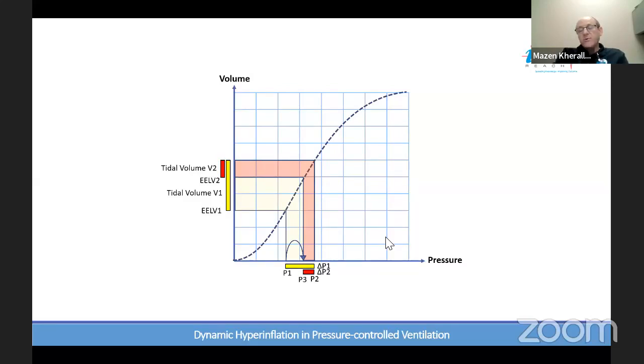So if you change to a larger tube, you can decrease the airway pressure resulting from the tube and the main airways, but you don't change the Auto-PEEP. You don't change the dynamic hyperinflation. You only decrease the airway pressure by changing to a larger tube.